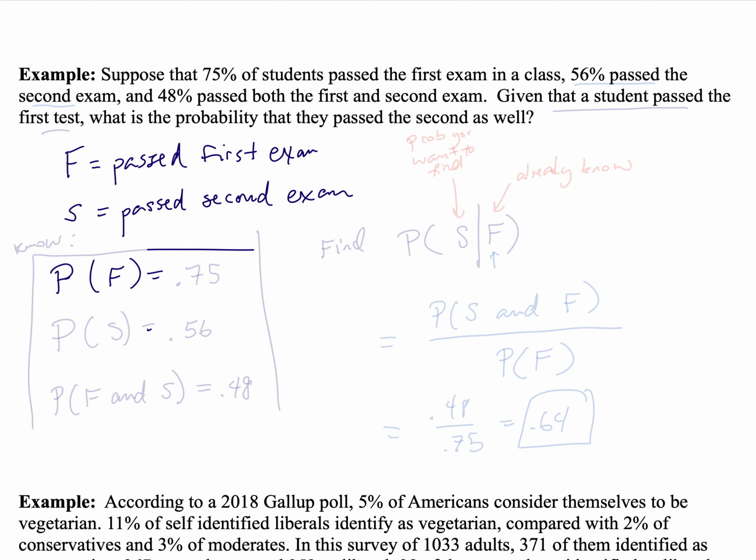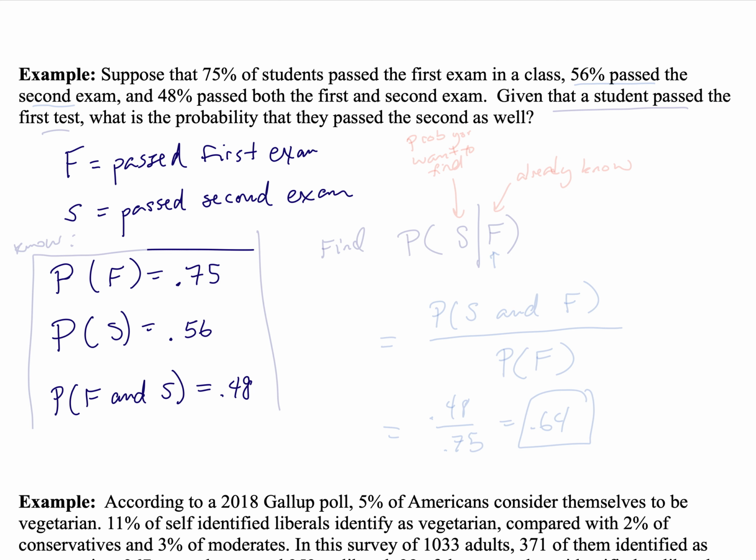So for a randomly selected student, 75% of them pass the first exam, so 0.75. Probability that S is true is 0.56. 56% of them passed the second exam. And then that 48%, that corresponds to the people that passed both exams. So that is probability of F and S is 0.48.